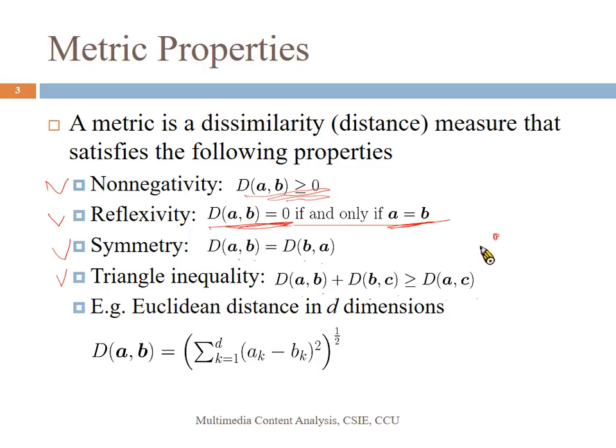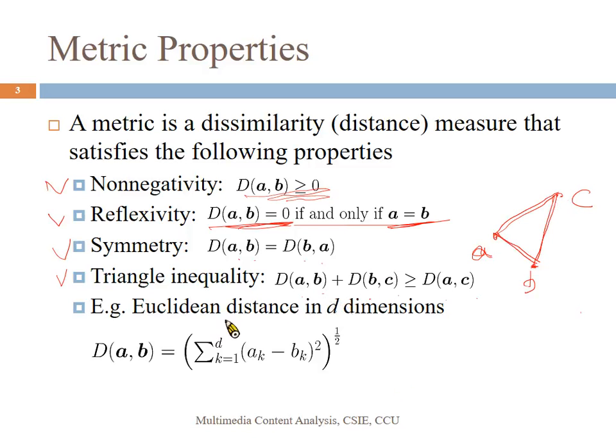So here may be vector A, here may be vector B, here may be vector C. The sum of the distances AB and BC should be larger than or equal to the distance between A and C.